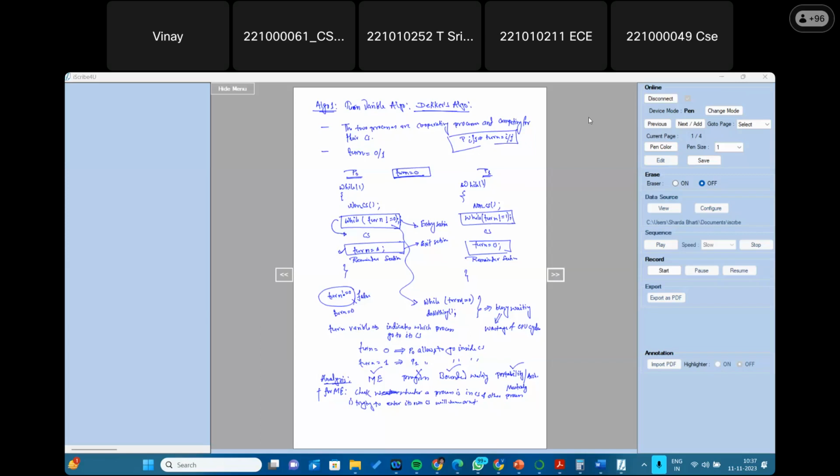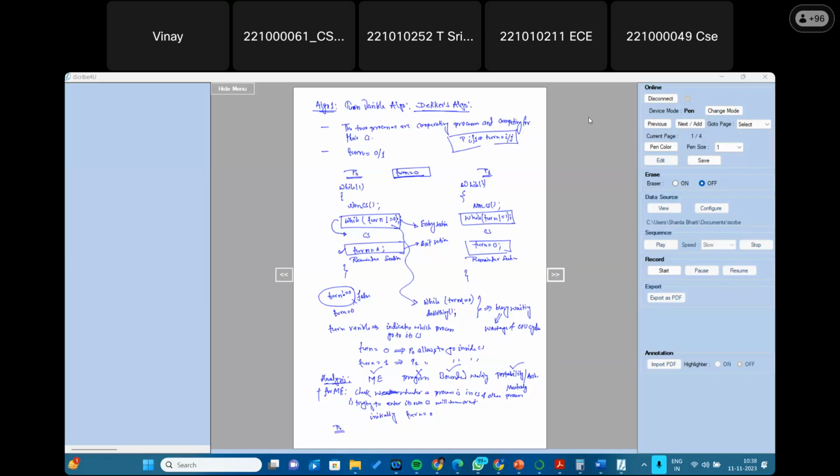Let us suppose initially the turn variable is 0, because turn has only two options, either 0 or 1. Turn is 0 and process P0 wants to execute its critical section. Clear? So let us see what happened.